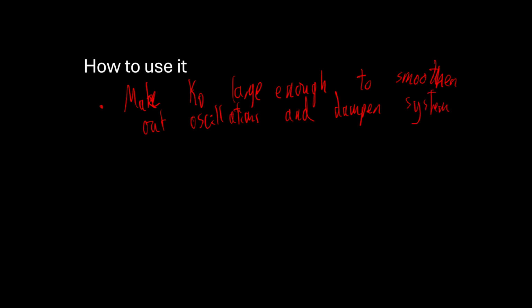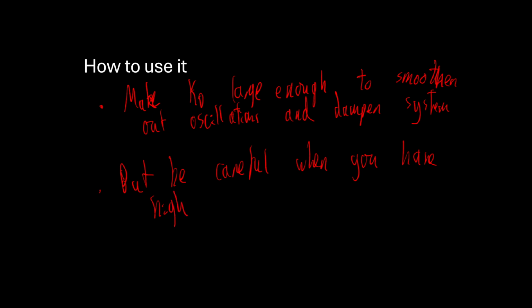But be very careful with KD if you have high frequency noise, because it acts very erratically to high frequency noise or steep little changes. And if you do have high frequency noise, try to filter it out. And if you can't filter it out, then just avoid KD in general.